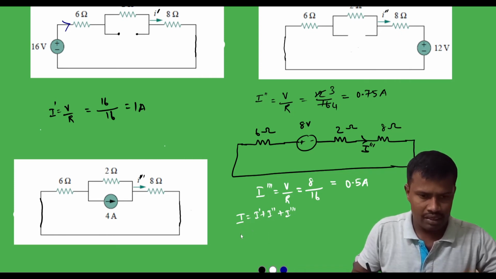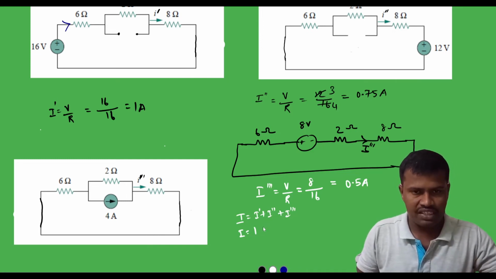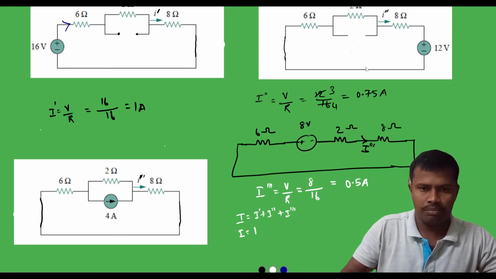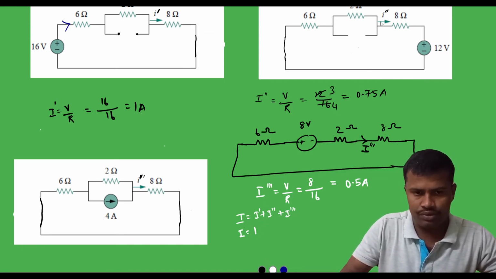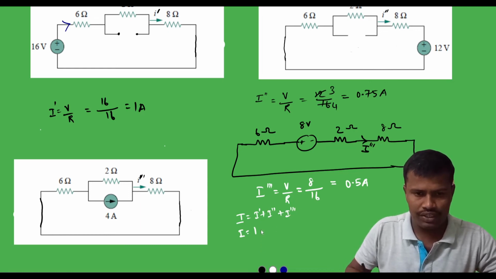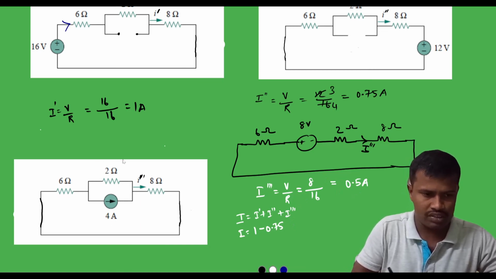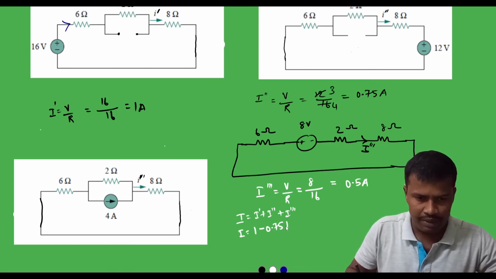I prime is 1 amp, and I double prime, which is in the opposite direction, because the I we have shown here is towards the 12 volt source, but actually the current will flow in the reverse direction, so we need to take it as minus 0.75, and the current delivered by the voltage source, that is I triple prime, is equal to 0.5 amps.